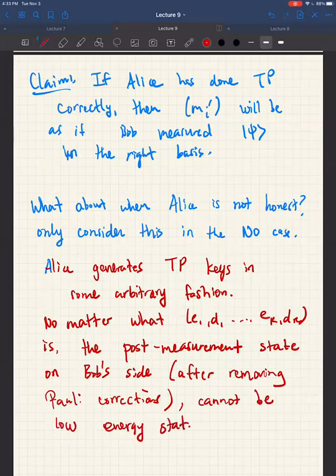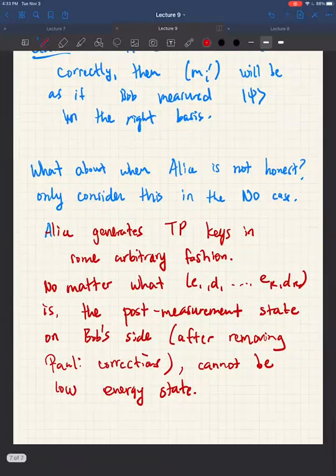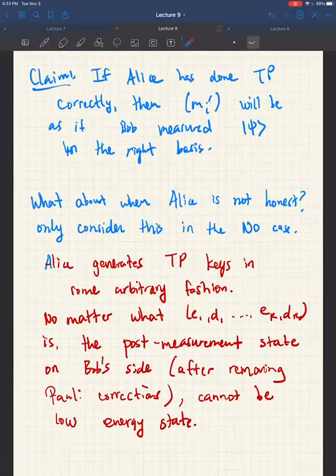All right, so I wrote a long sentence, but you can imagine that Alice just performs some measurement. It's not necessarily the honest teleportation measurement. It could be some arbitrary measurement that generates these teleportation keys. So conditioned on her performing the measurement, Bob's EPR pairs are going to collapse into some state. Maybe they aren't affected at all, but maybe they collapse into something else.